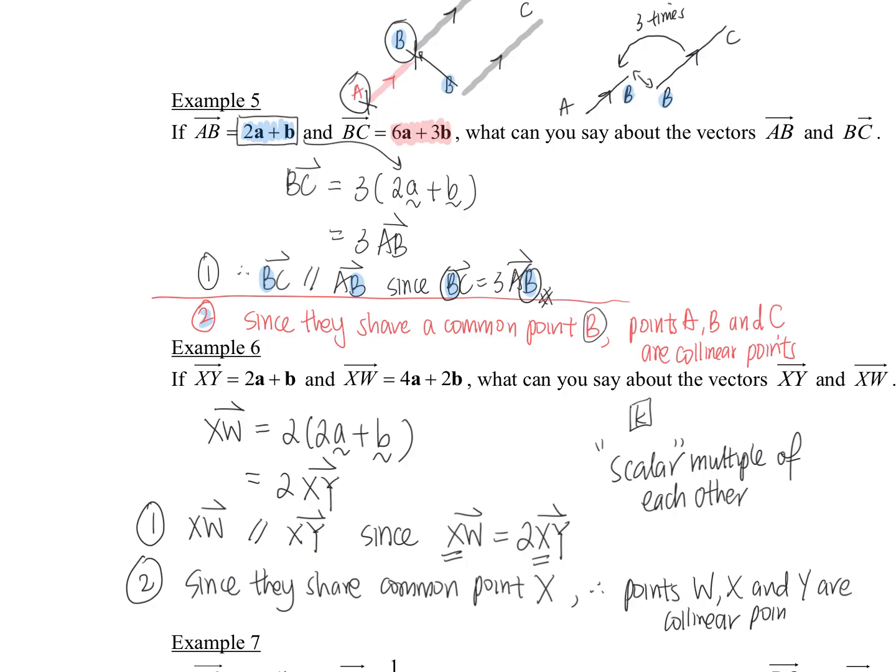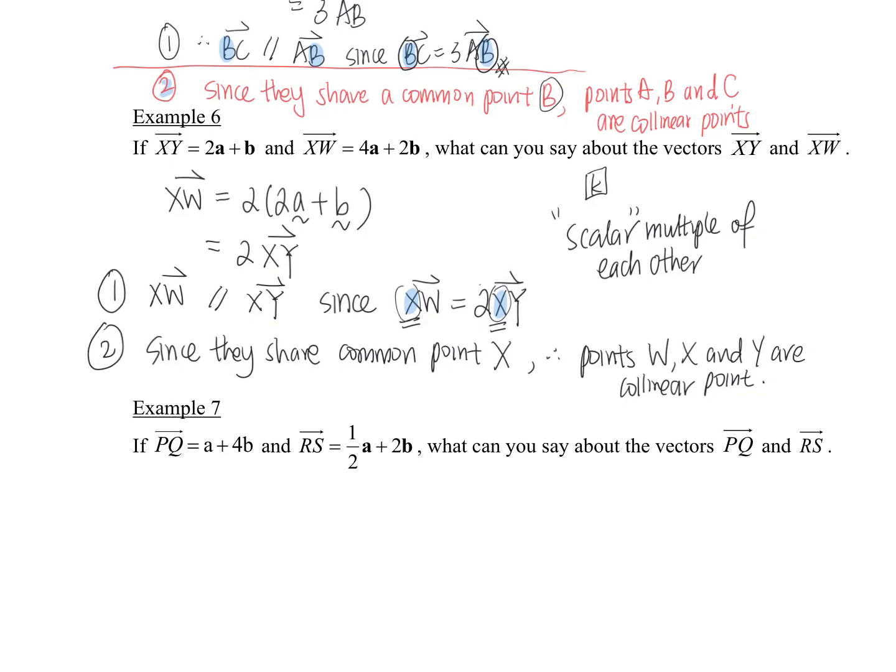They have nothing else in common. Okay? So, like just now, we have A, B, and C, D. No common point, so they are not collinear. They are just parallel. So, it just so happened that all these share a common point. That's why you can say they are collinear. These two, now you know they don't share anything in common. So even if they are proportional, they cannot be collinear.